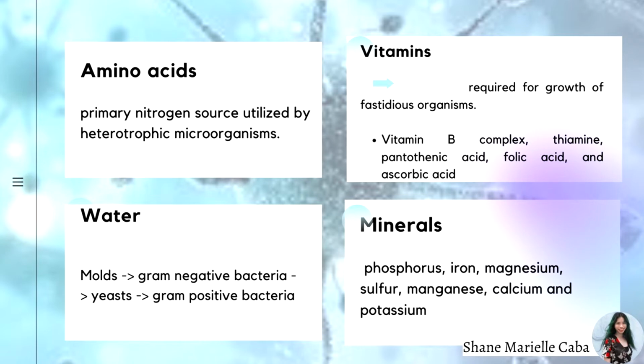The microorganisms that usually predominate in foods are those that can most easily utilize the nutrients present. Generally, the simple carbohydrates and amino acids are utilized first, followed by the more complex forms of these nutrients.